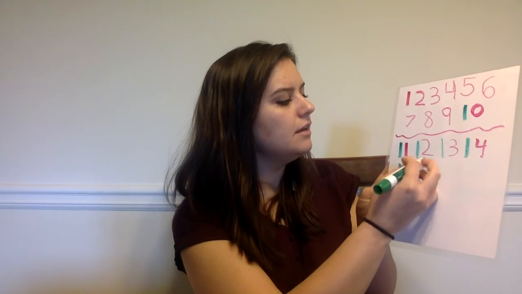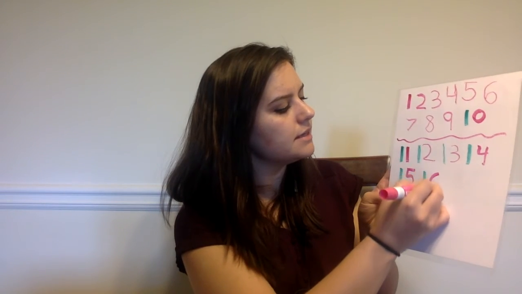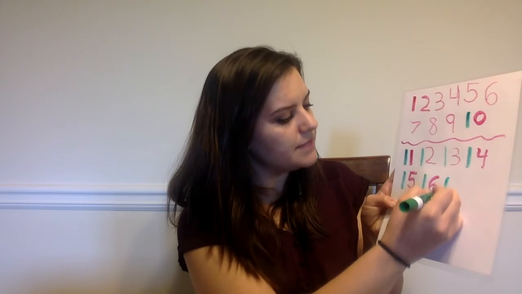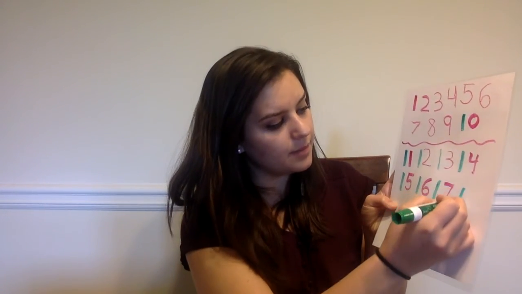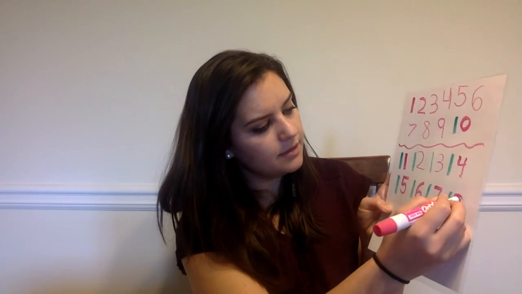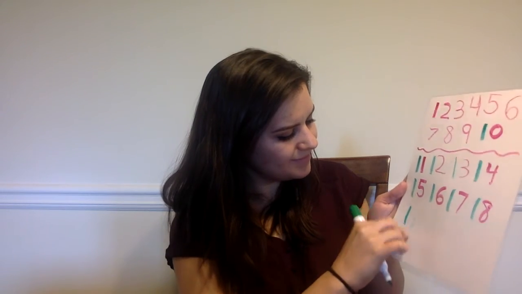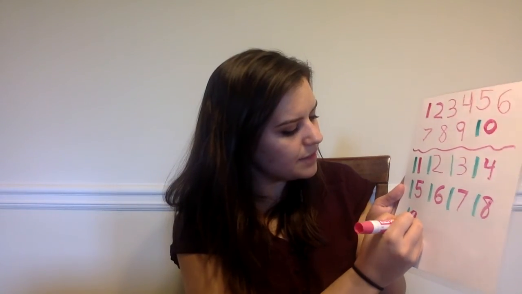Moving on to 16, a group of 10 and 6 extra ones. 17, a group of 10 and 7 extra ones. 18, a group of 10 and 8 extra ones. Then 19, a group of 10 and 9 extra ones.